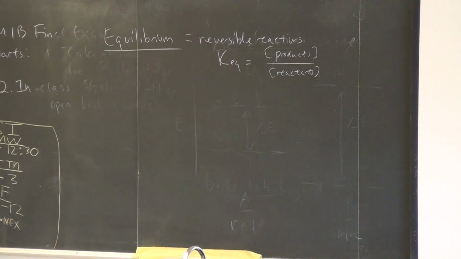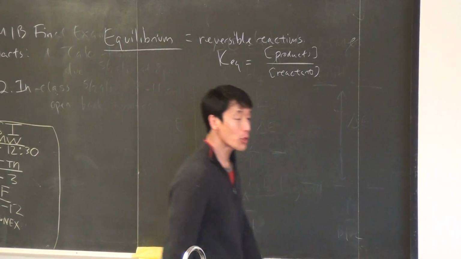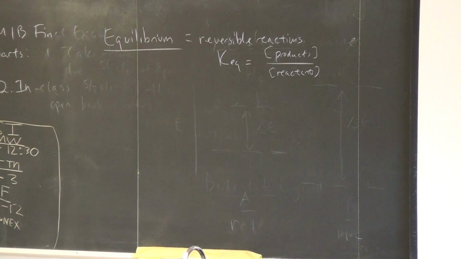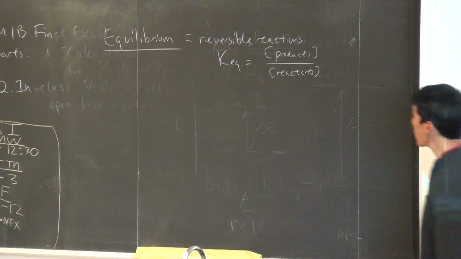And then you can make a reaction go in one direction or the other by applying some principle or law. What was that principle or law? Yeah, Le Chatelier's principle.